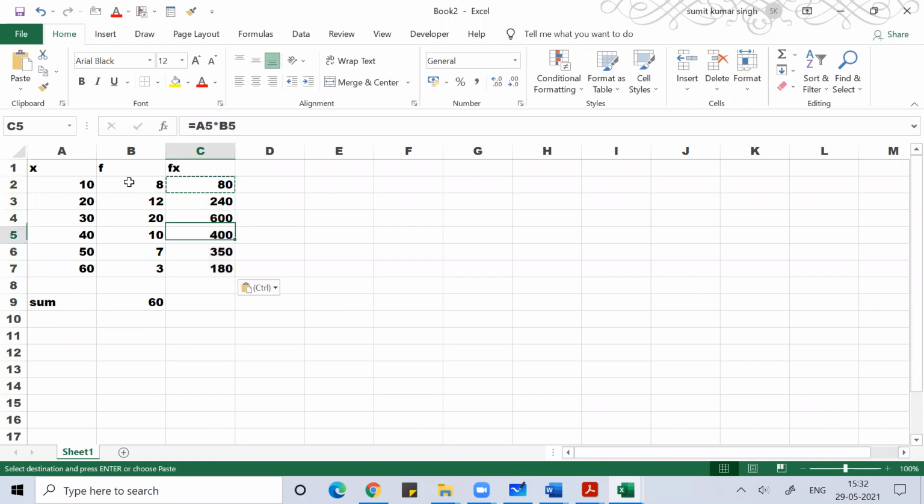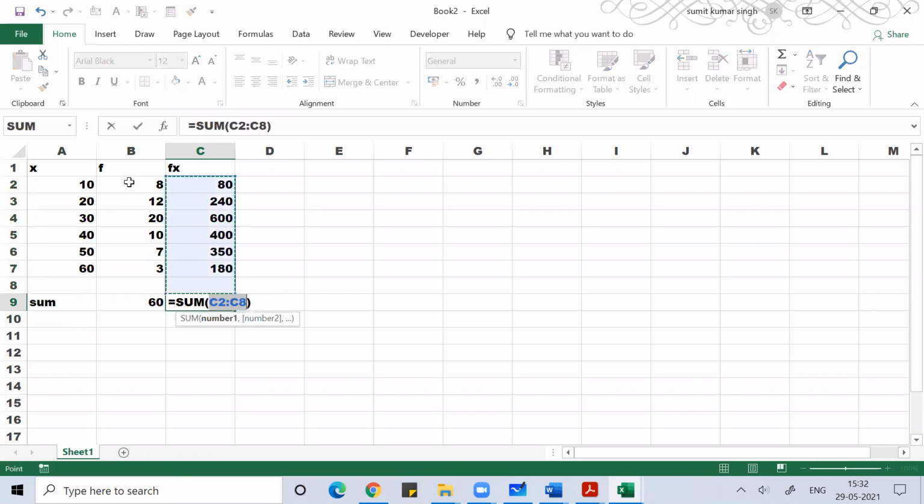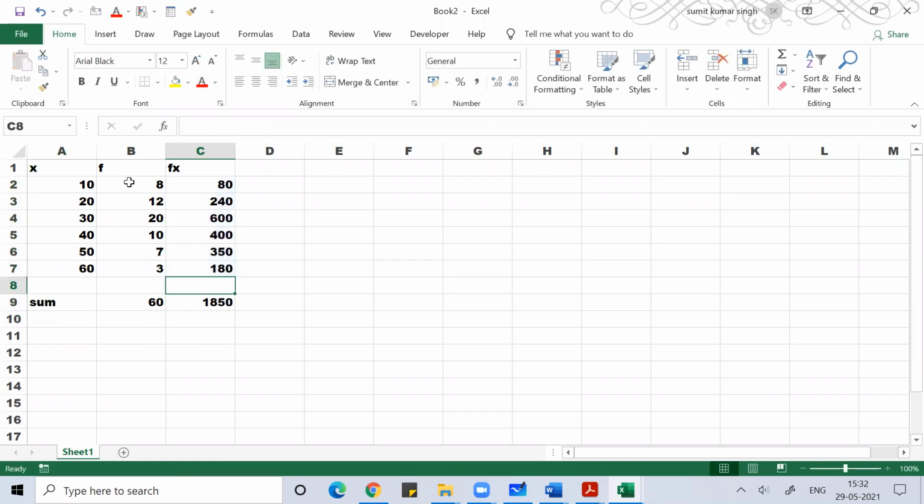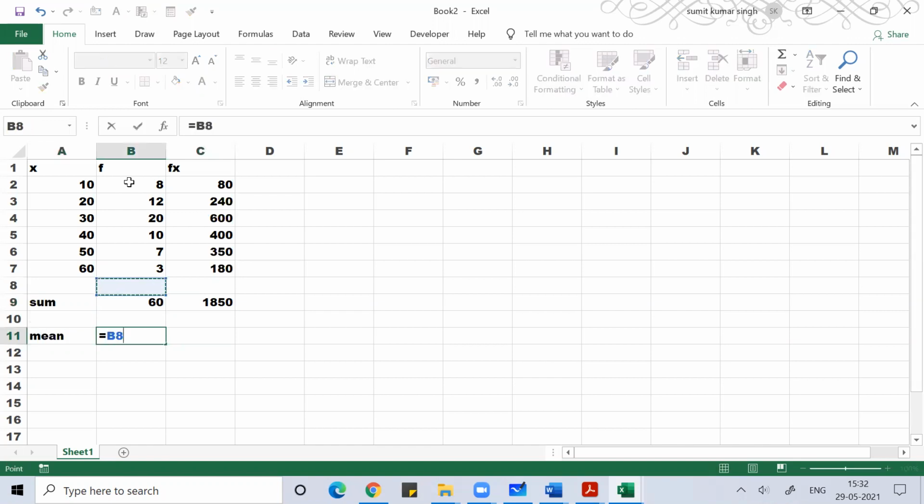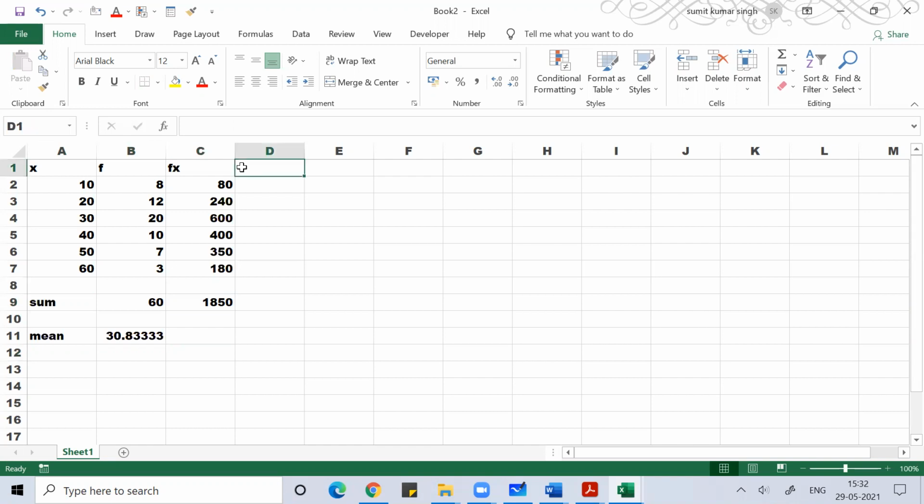The sum of this is sum of fx, so I can find the mean. What would be the mean? The mean is sum of fx by sum of f, so divide this by this. This is your mean. So I can find x minus average of x.